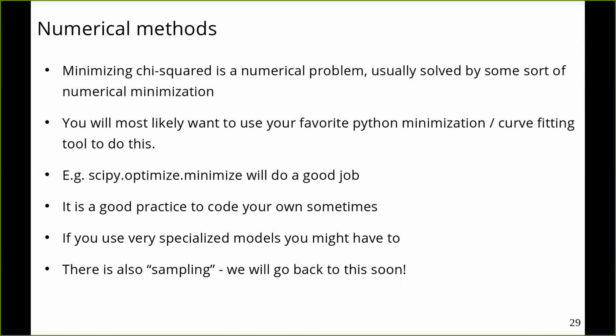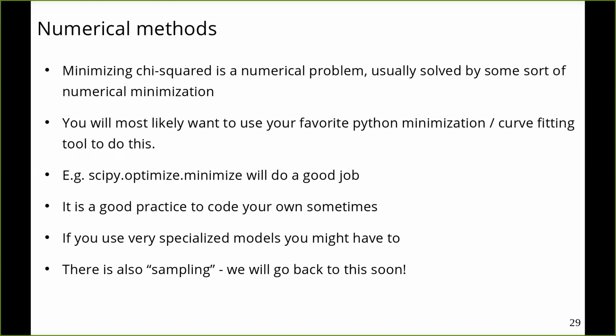In most cases, you won't have to think about it, because now we are happy to have Python and IDL and MATLAB, which contain various routines which do this fitting for us, so we can rely on that, and then things are going to work. So for example, if you're a Python user, SciPy optimize minimize will do a good job.